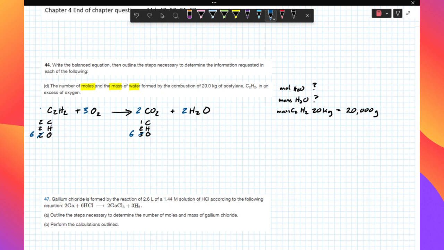So 2 times 2 is 4, 2 times 1, just to make that super explicit. We've got our oxygens balanced, but now we've changed our number of carbons and our number of hydrogens. Am I missing something here? CO2 and H2O.